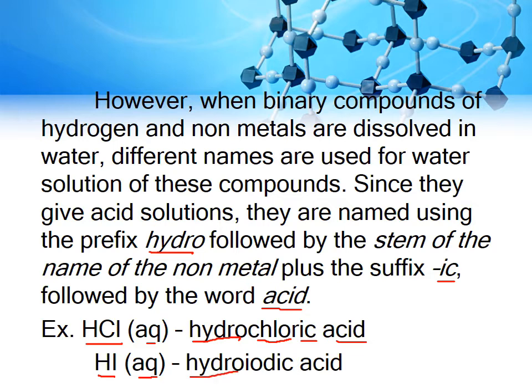Again, we will use the prefix hydro plus the stem of the name of the second element, iodo, and the suffix ic is added. Therefore, this will become iodic, and the word acid at the end is also added. So therefore, the name of this compound is hydroiodic acid.